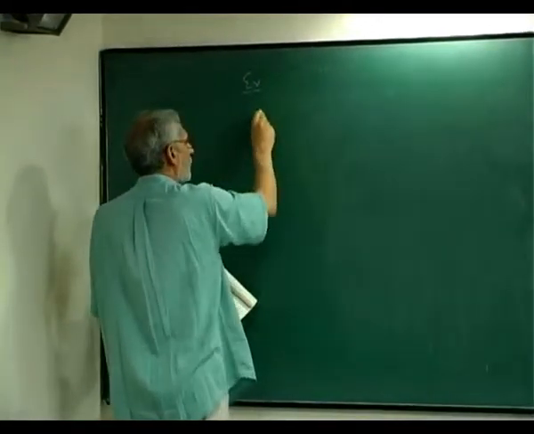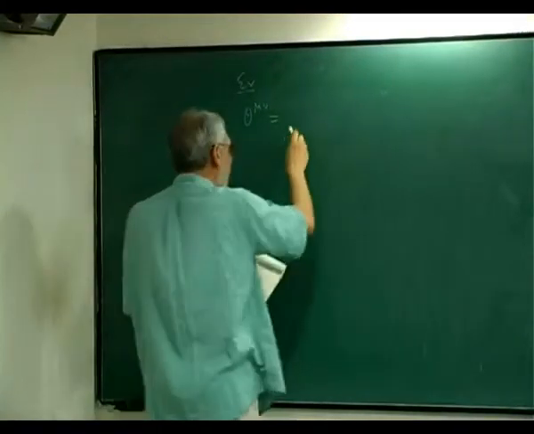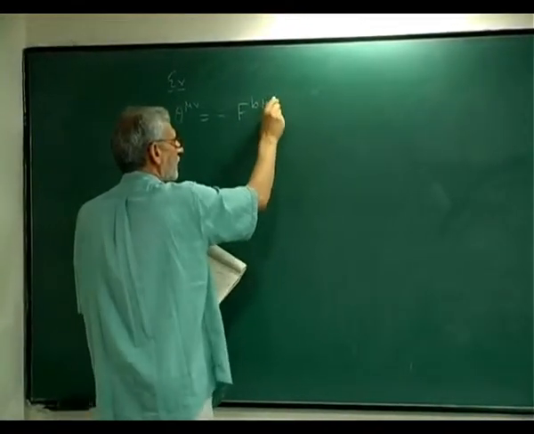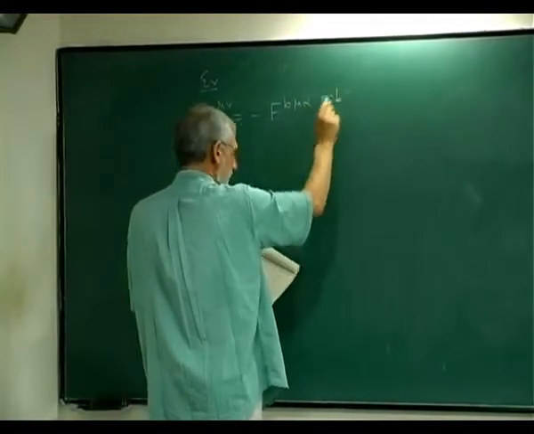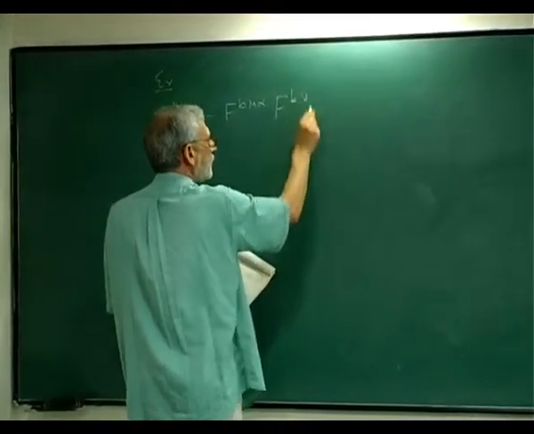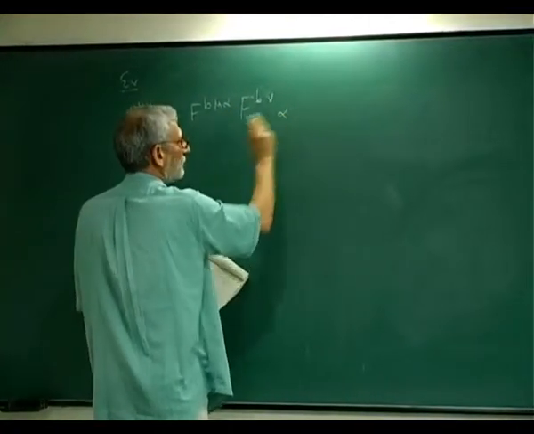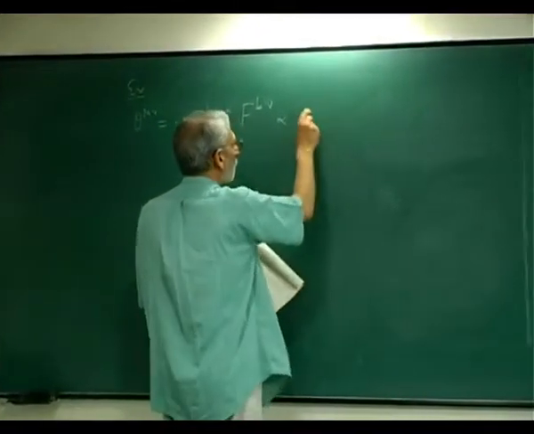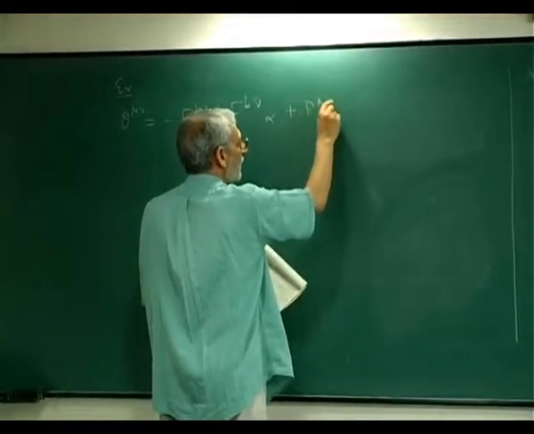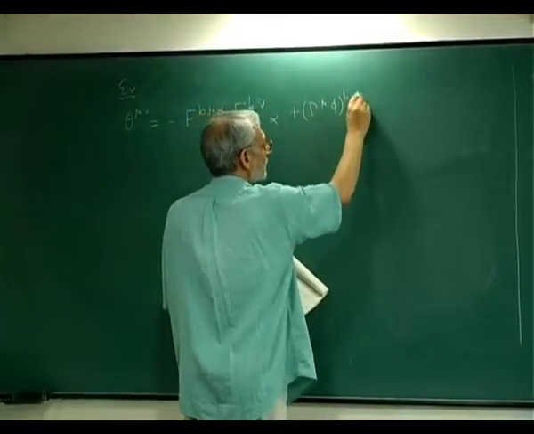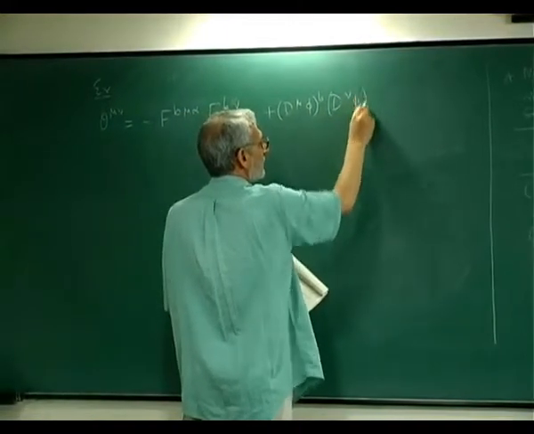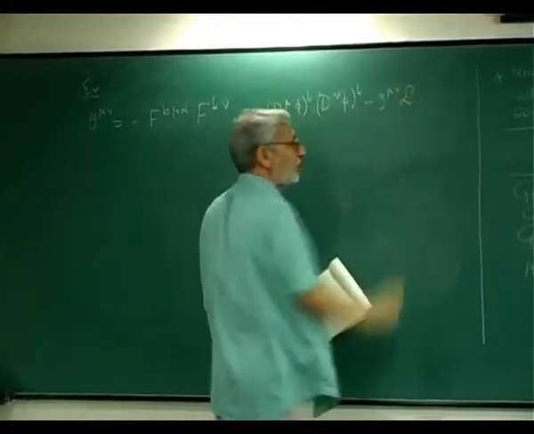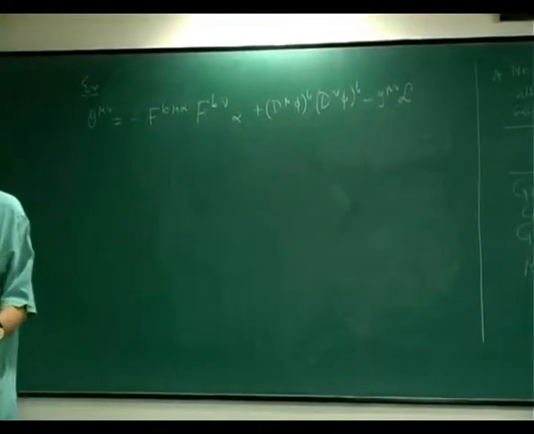The answer is that theta mu nu up is F B minus F B mu alpha, F B nu up alpha down, plus d mu phi b d nu phi b minus g mu nu up times the Lagrangian density.